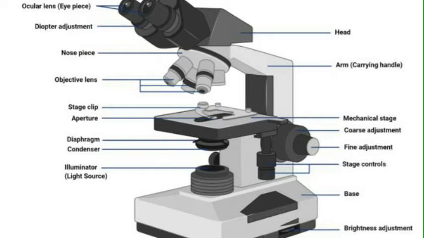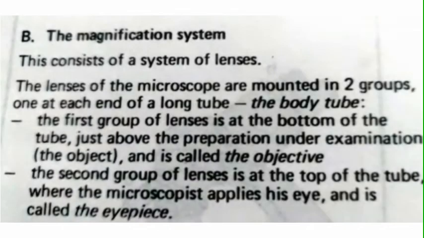and illustrated by the points. The second one is the magnification system. This consists of a system of lenses. The lenses of the microscope are mounted in two groups, one at each end of a long tube, that is the body tube.